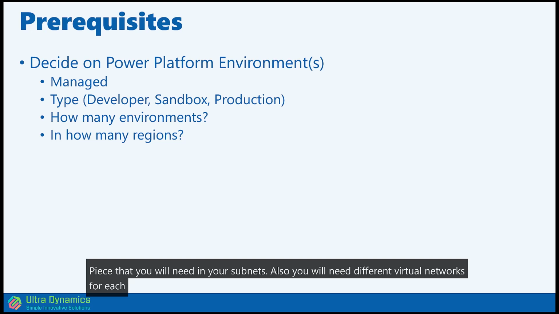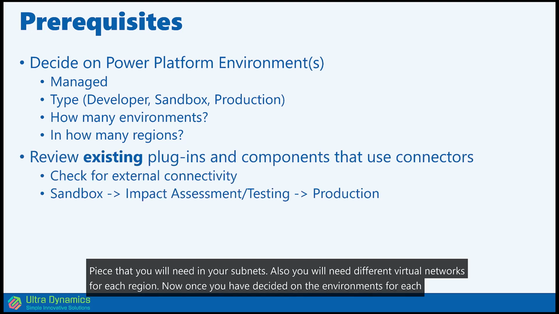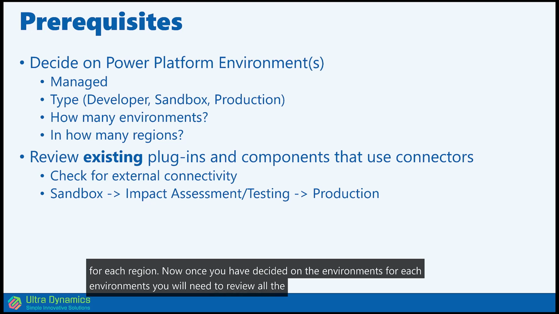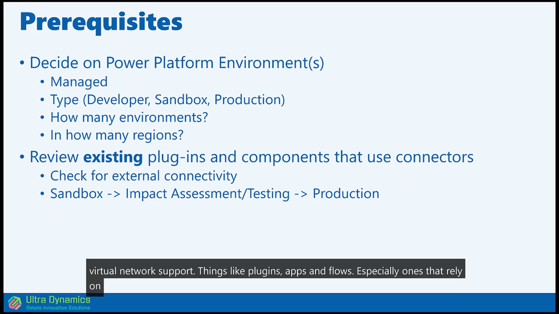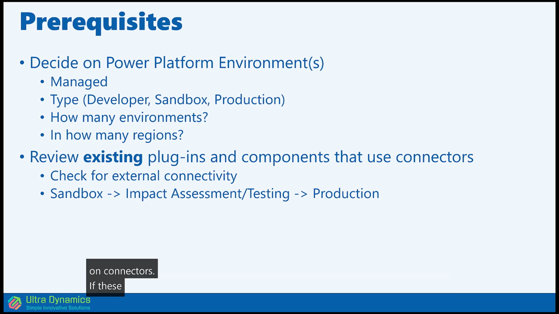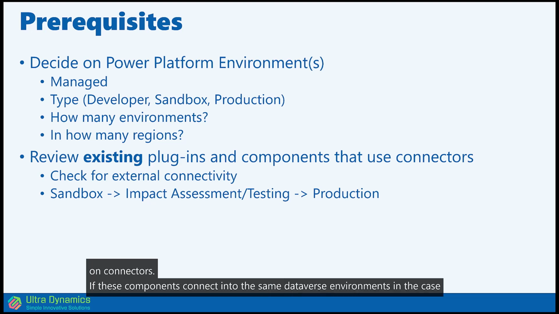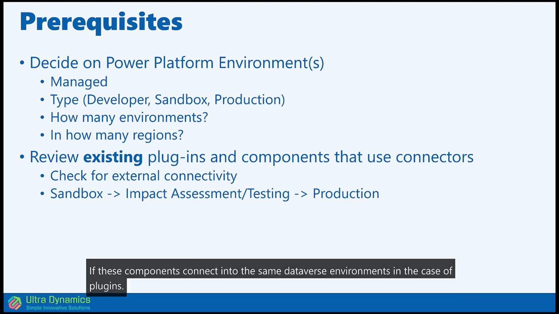Now, once you have decided on the environments, for each environment you will need to review all the components that could be impacted by virtual network support. Things like plugins, apps, and flows, especially ones that rely on connectors. If these components connect into the same Dataverse environments, in the case of plugins, then this should be covered by default.